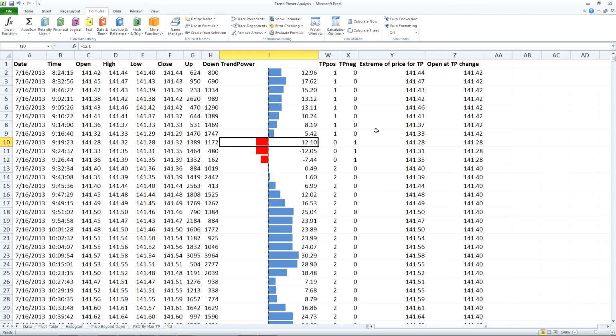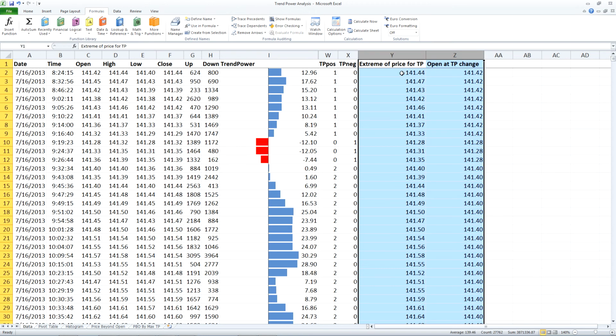And the way I went about this, first of all, I added two columns, one for the extreme of price for trend power, so extreme high if trend power was positive, or the extreme low if trend power was in a negative swing, and then what the open was at the trend power change.